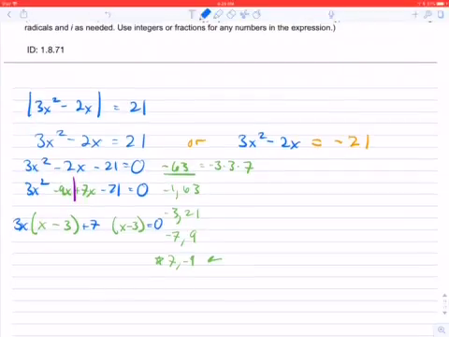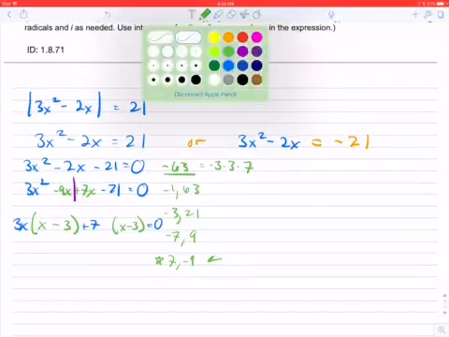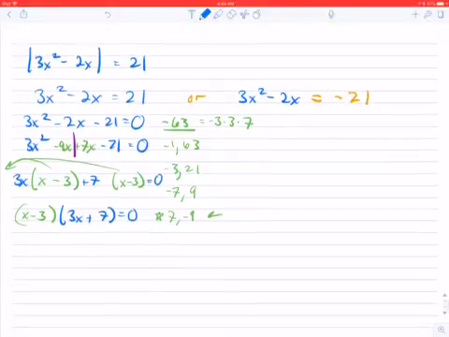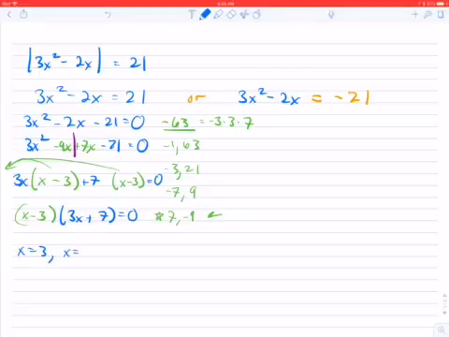Then we factor out the common binomial factor. So this x minus 3 merges, and what's left is 3x plus 7 equals 0. So from here, we see that x equals 3 or negative 7/3. Okay, so those are two choices that could work there. Let's solve the other one, and then we'll go from there.